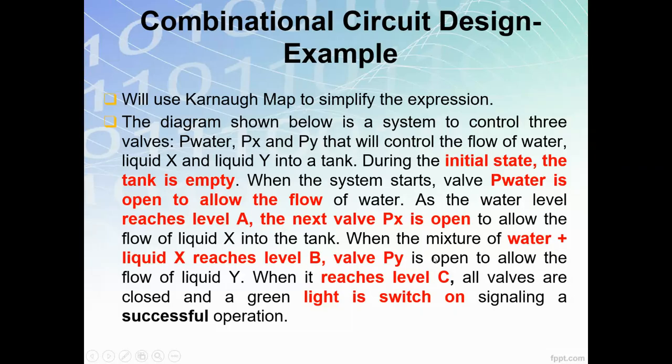When the mixture of water plus liquid X reaches level B, then the valve of PY is open to allow the flow of liquid Y. When it reaches level C, all the valves are closed and the green light is switched on. The green light shows the signal of a successful operation.